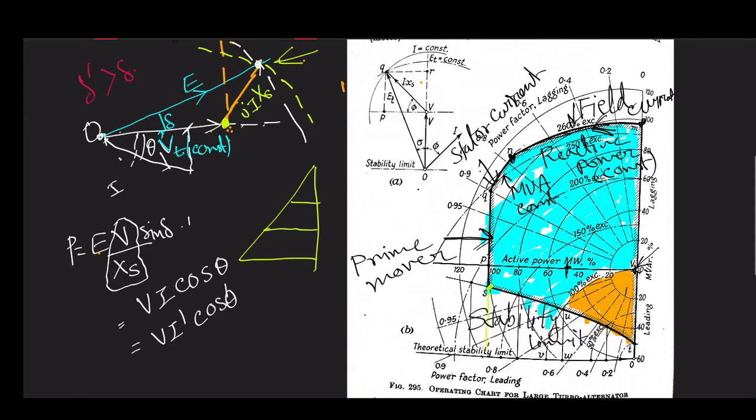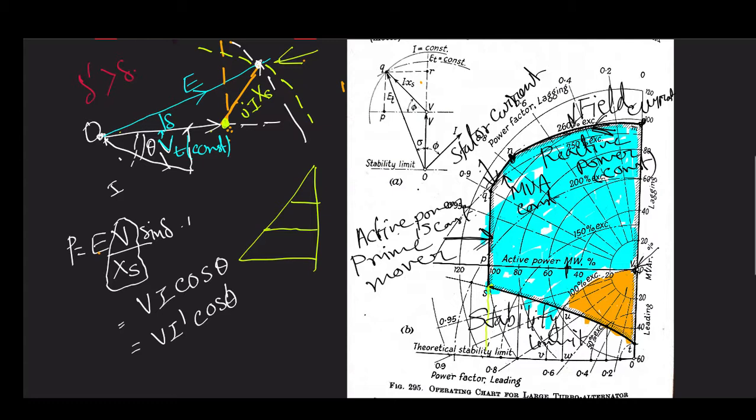Thereby your reactive power is not the same, rather it is reducing in proportion to your kilowatt power. Now once you reach here, your active power is constant. And then this fourth side is governed by the stability limit of your machine.